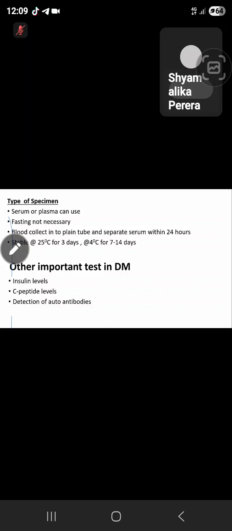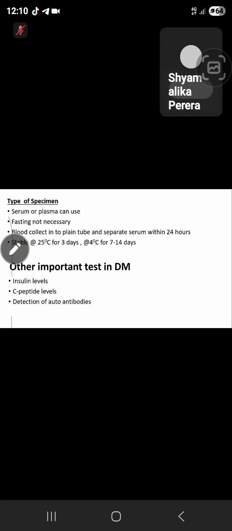Other important tests in diabetes are insulin levels, C-peptide levels, and detection of autoantibodies. Depending on your type of diabetes or the type of complication, you can go through with these insulin levels, C-peptide levels, and autoantibody levels.